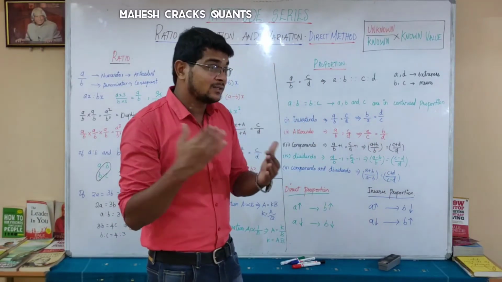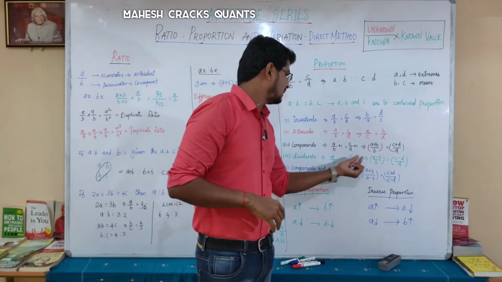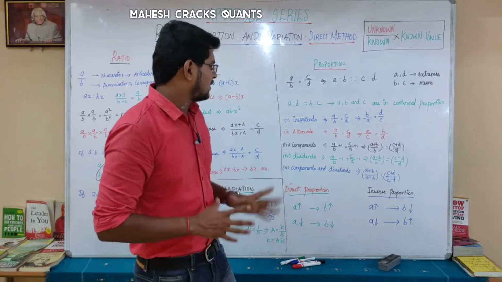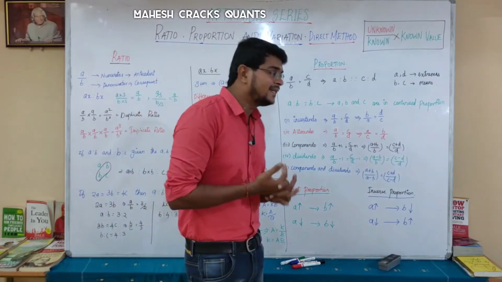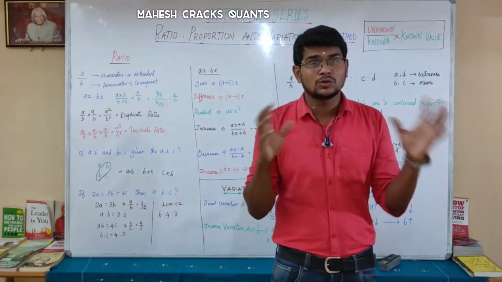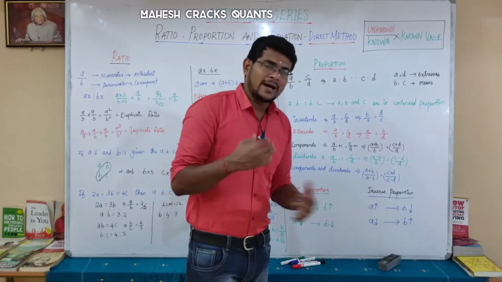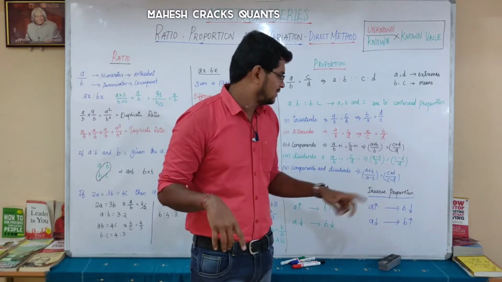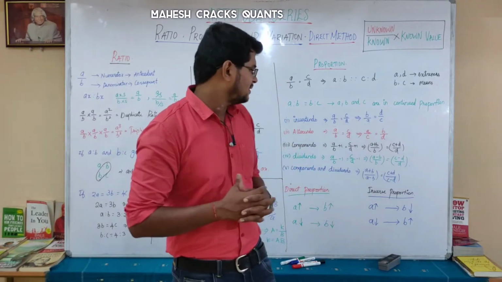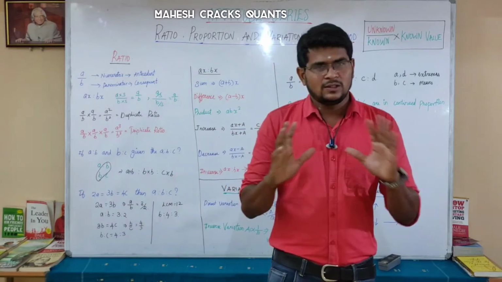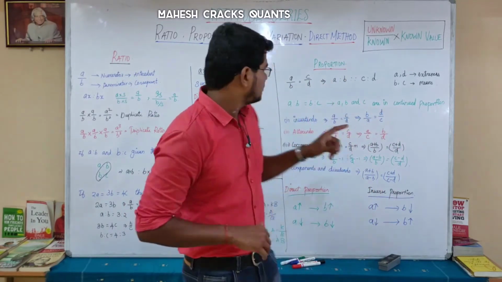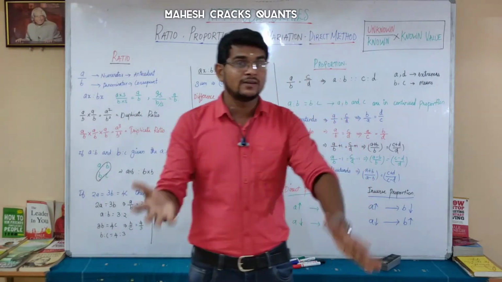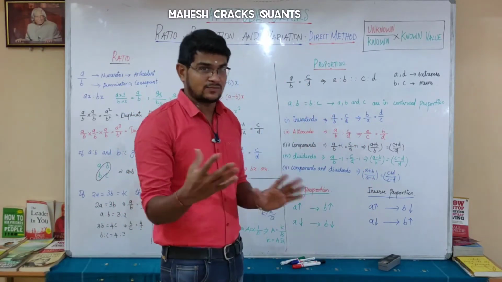When you subtract, you get A minus B by B and C minus D by D. The final one is componendo and dividendo, both together. If you combine them, you will get A plus B divided by A minus B is equal to C plus D divided by C minus D. That's all. These are the things you need to know for exams like CAT, MAT, XAT, GMAT, GRE as well.